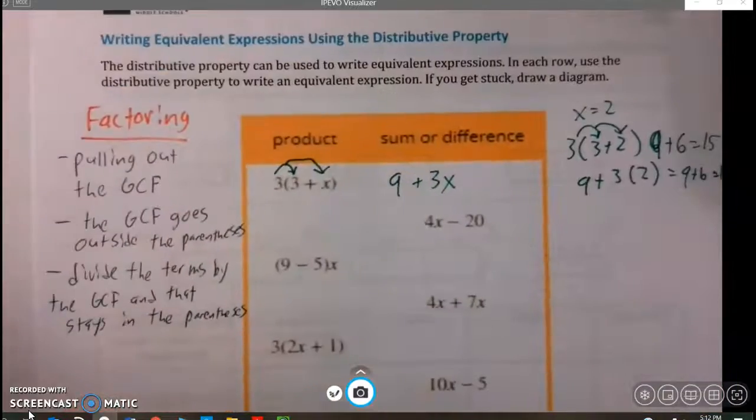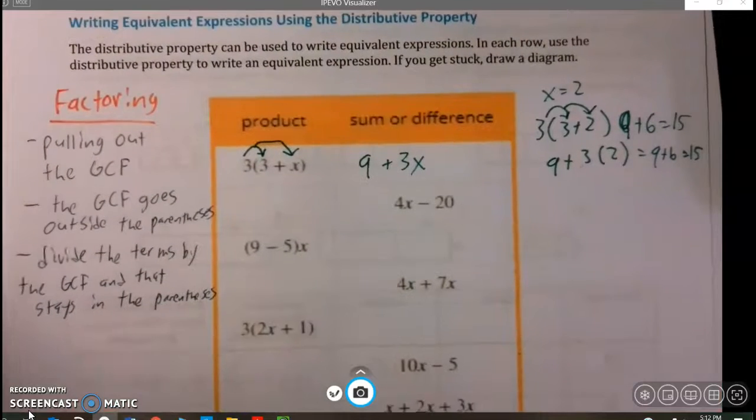So those are kind of the steps of factoring, and that'll make more sense as we do an example.